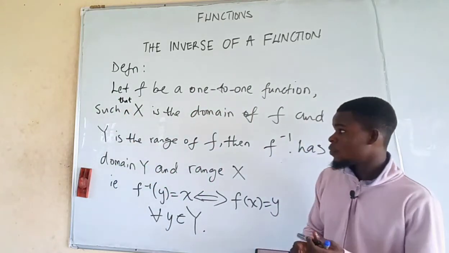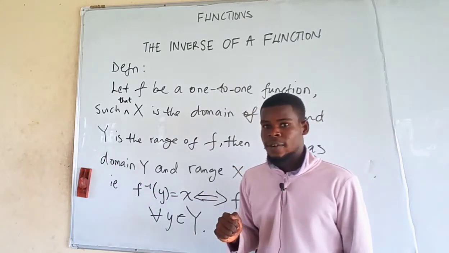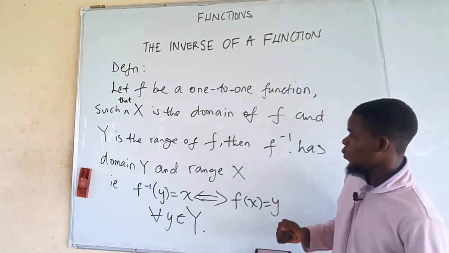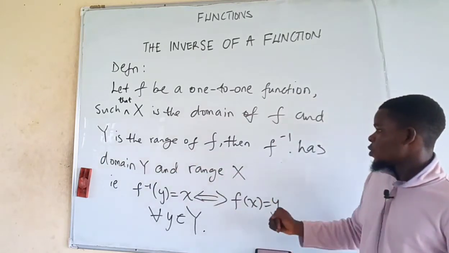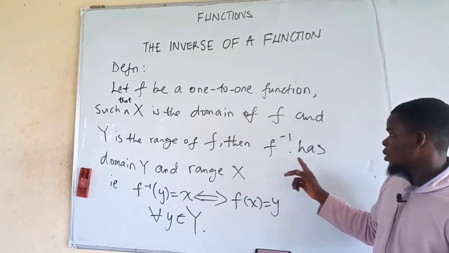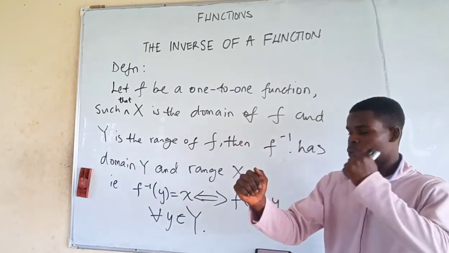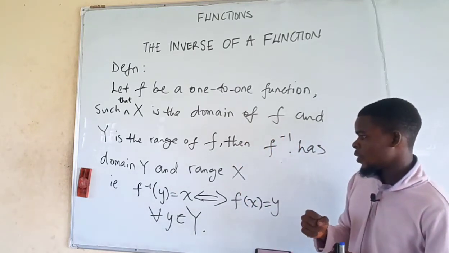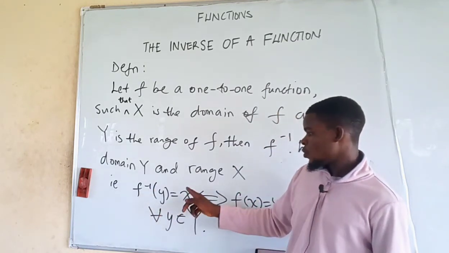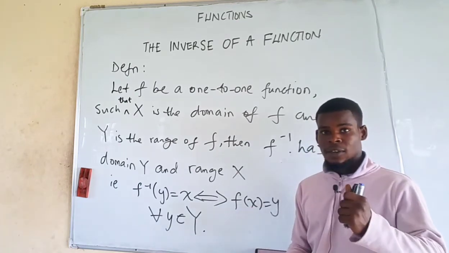So f is a one-to-one function that has its domain to be X, and its range to be Y. Note the range and the domain are sets, so they are denoted with uppercase letters X and Y. Now, the inverse of the function f, that is f inverse, has domain Y and range X. So the other one was having domain X and range Y. This one is opposing that. Great. So this tells us that f inverse of y is going to be x, if and only if f of x gave us y for all y in the second set.